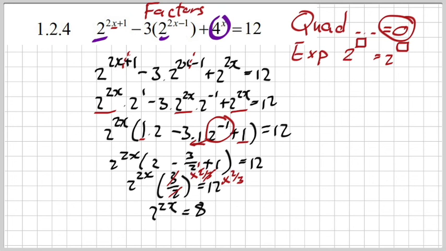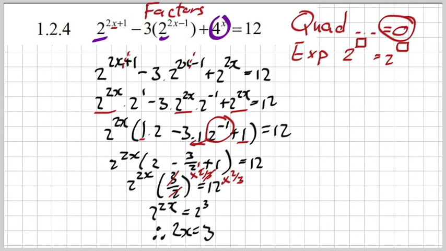So what must I do with that 8? Get the base as 2 to the power of 3. My bases are now the same. Therefore, my exponents are also the same. Please understand this. I'm not dividing by 2 on both sides. I'm not scratching them out. I'm not subtracting them.